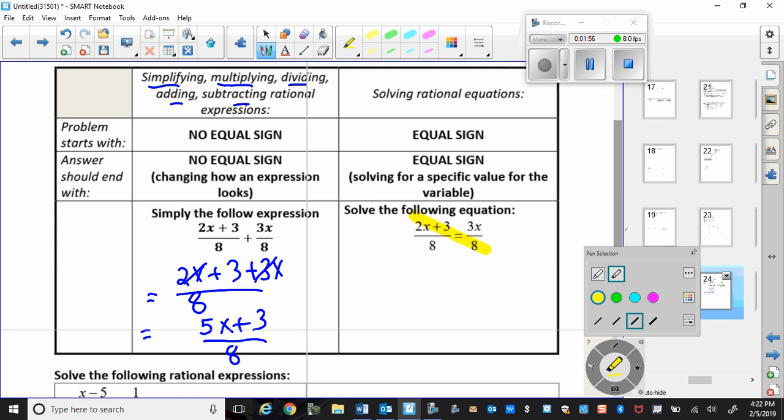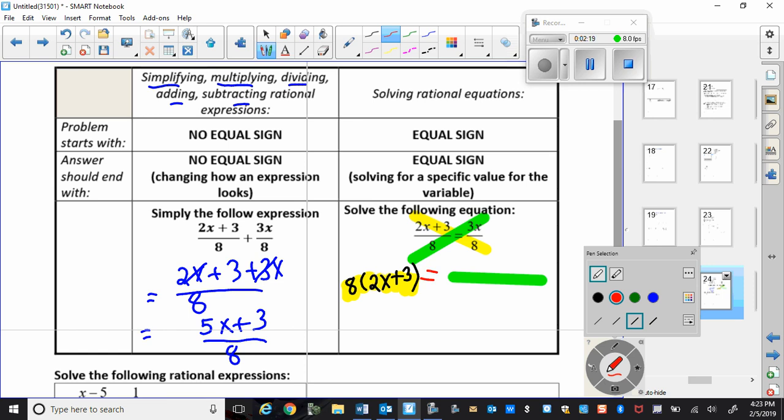If I cross multiply, that means on one side I would write 8 parentheses 2x plus 3. Alright? On the other side, I could write, and I always need to bring down my equal sign, right? 8 parentheses 3x.